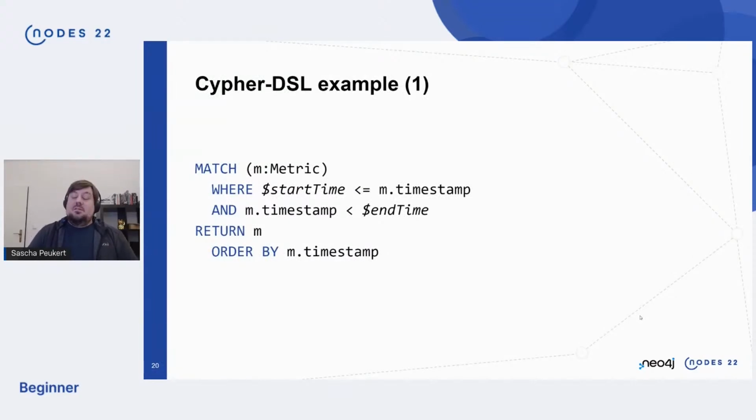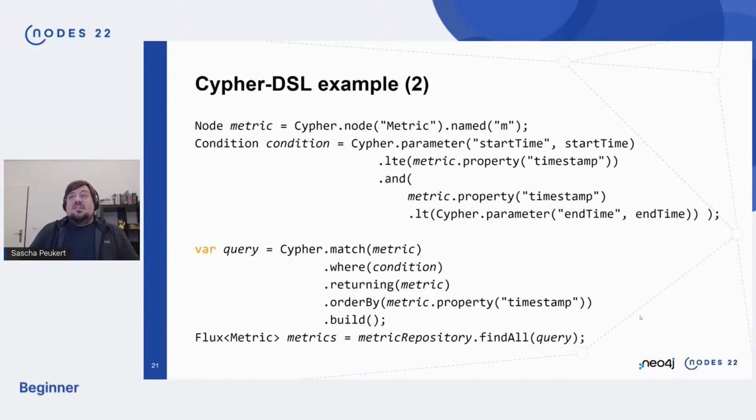We have this query where I just ask for any metrics between a certain start and end time in order by a timestamp, obviously. And this is how it would look like. It looks longer, obviously, but it's still the same thing.